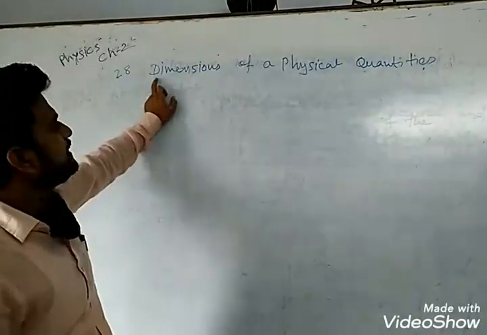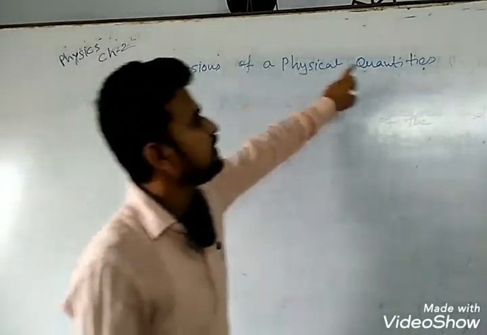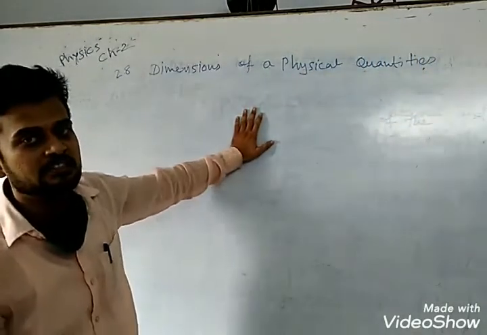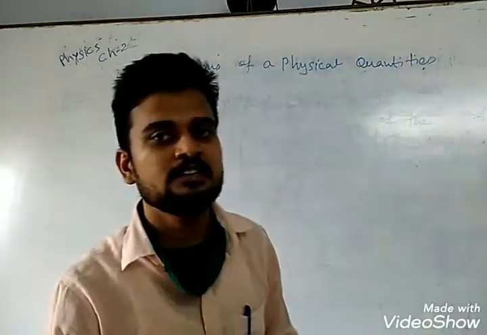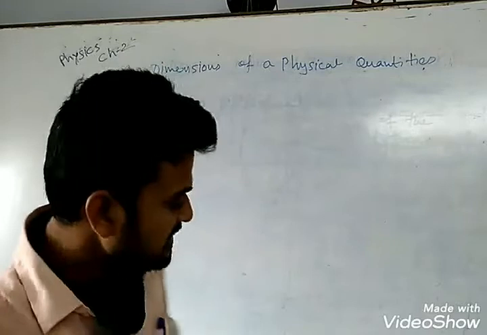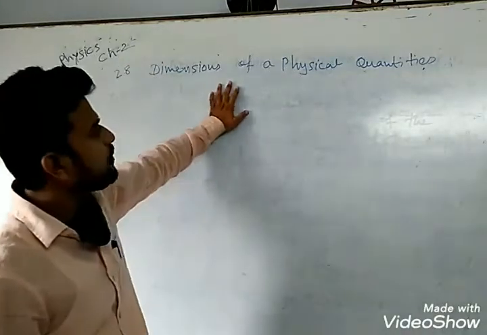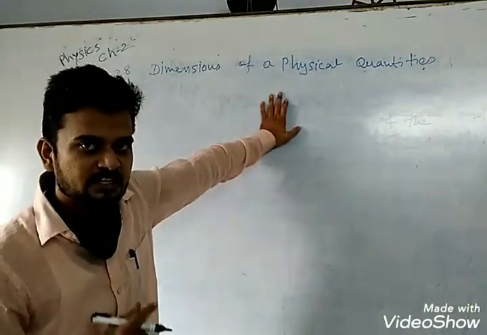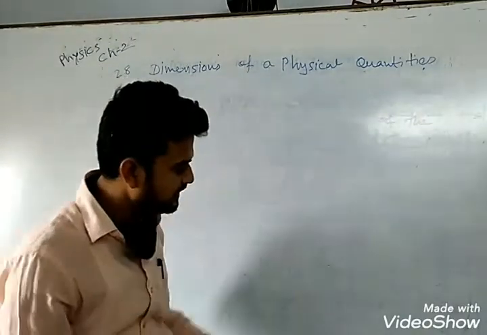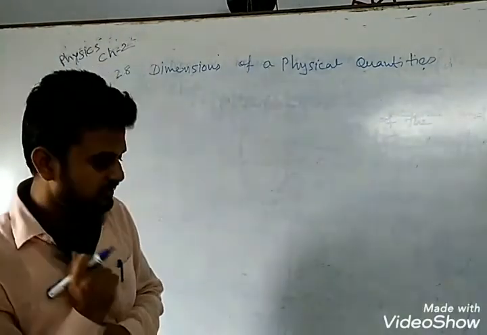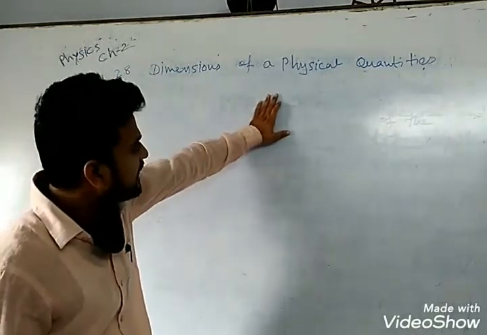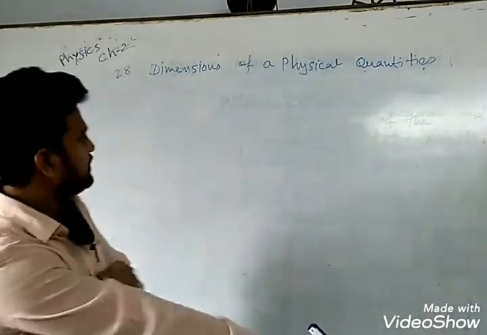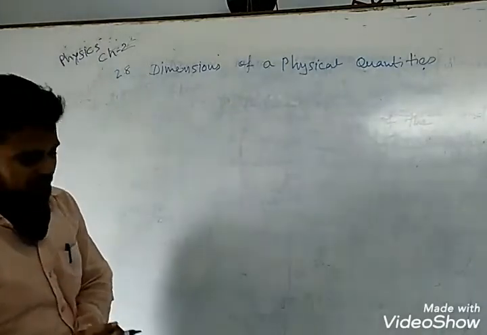Topic is 2.8, dimension of physical quantities. Here all physical quantities are represented in 3 terms. Means the dimensions of a physical quantity are the powers to which the base quantities are raised to represent the quantity.